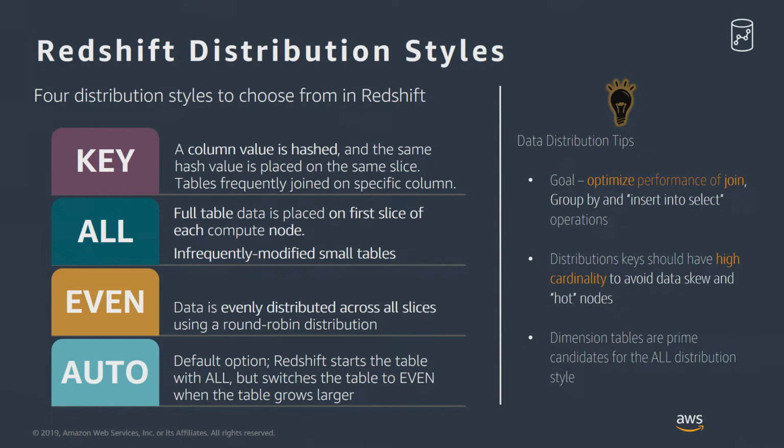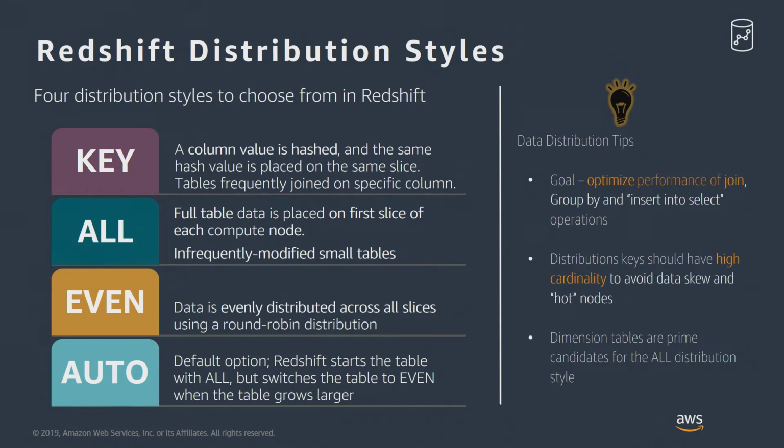When you are really not sure whether to use KEY or ALL, the last choice is the EVEN distribution. It is normally the best fit for a standalone table that you are not joining. In some cases, if you are not able to determine the key and the table is significantly large, you can also choose EVEN.